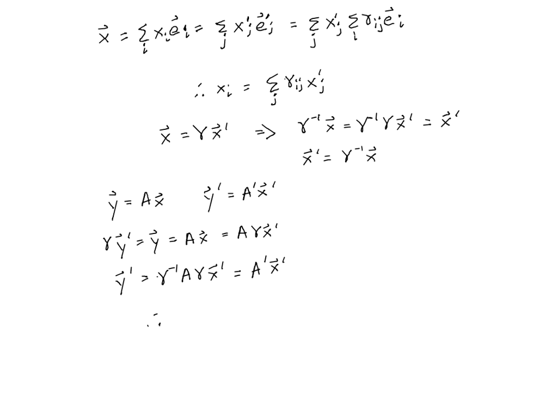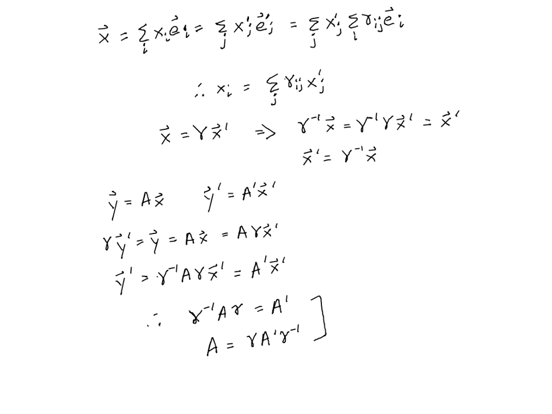And so therefore, you could see that to transform the matrix, we're actually using this sandwiching, where you take the transformation matrix and its inverse and you sandwich the matrix between them, and that transforms the matrix. Or you can flip it around and say that the matrix comes from taking gamma A prime inverse gamma.